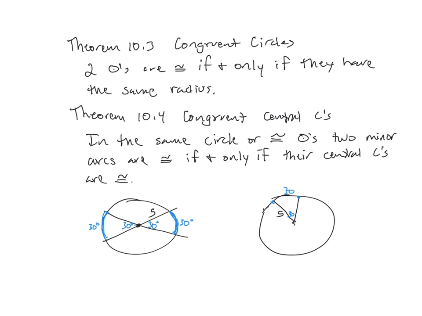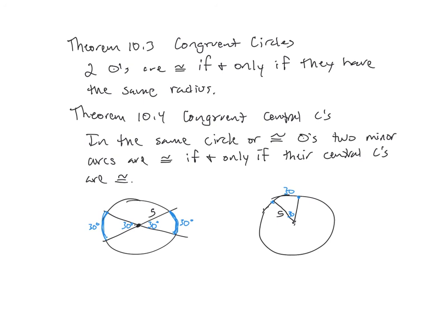If you have arcs that are both 30 degrees, but one is in a bigger circle than the other, then the arcs are not congruent, because it is talking about distance as well. So just the same circle or congruent circles.